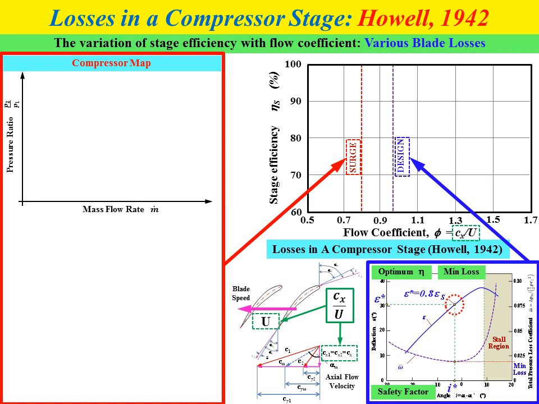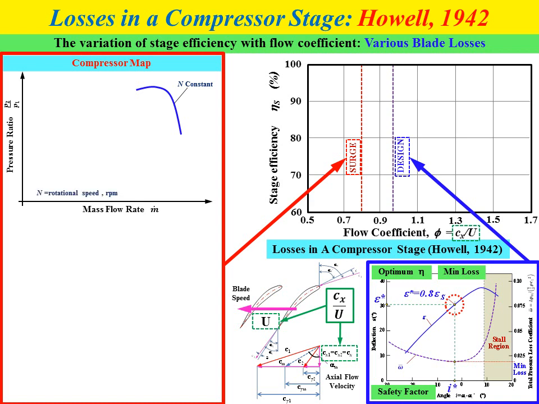The graph consists of data in terms of pressure ratio P2 divided by P1 for the compressor, mass flow rate, and also a number of curves in terms of rotational speed on the graph.